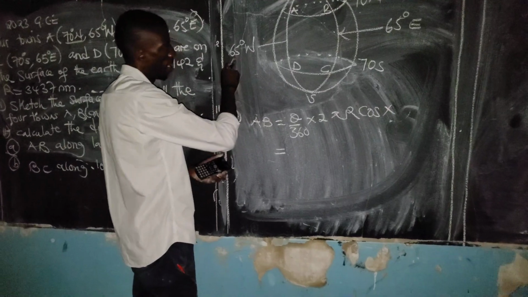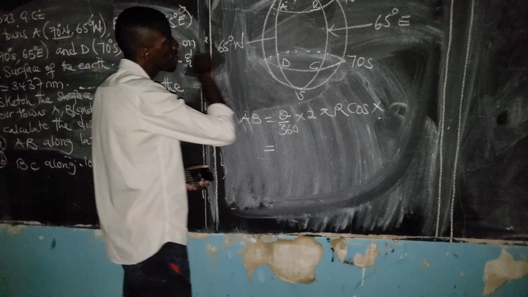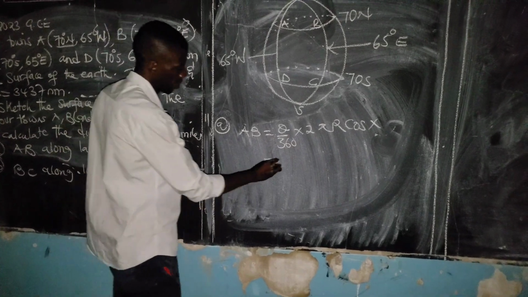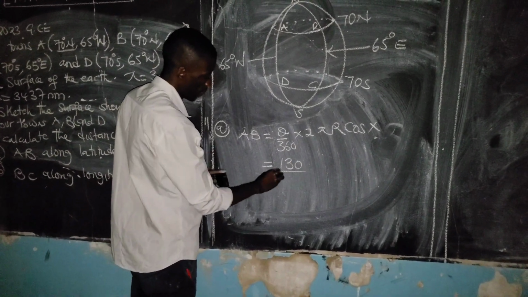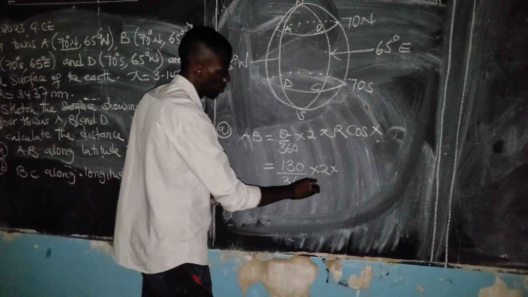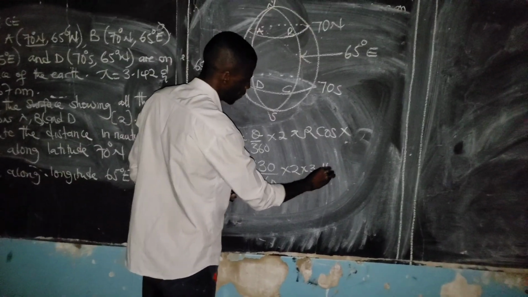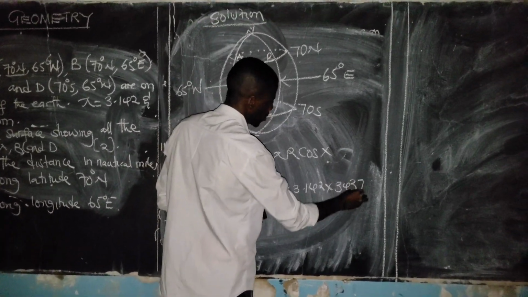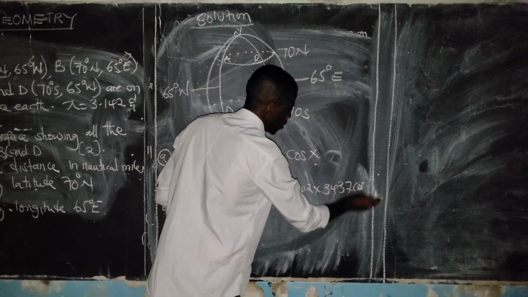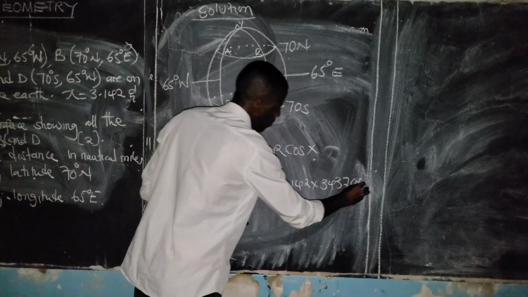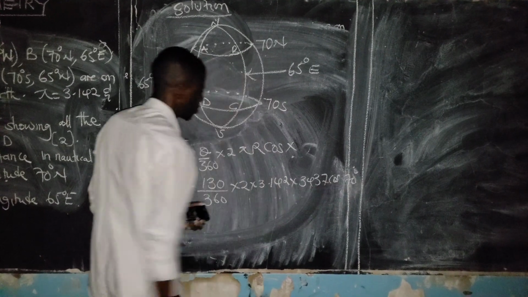So 65 plus another 65, which gives us 130 over 360 times 2 times our pi is 3.142 times our r is 3437 cos. Okay, cos what? On what latitude are they the same? 70 degrees.